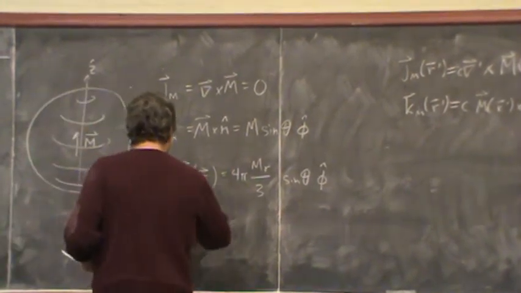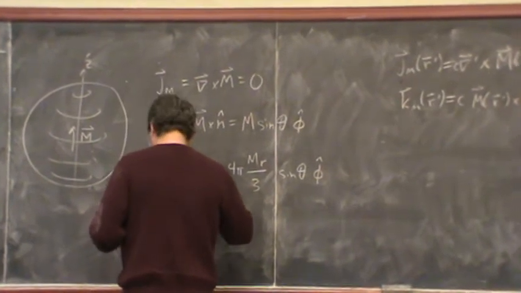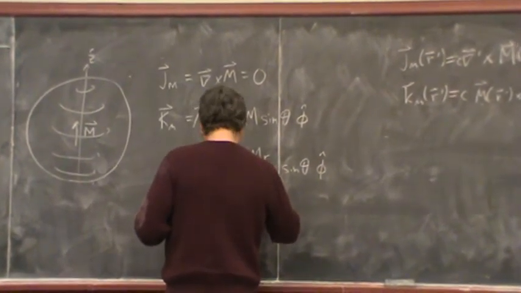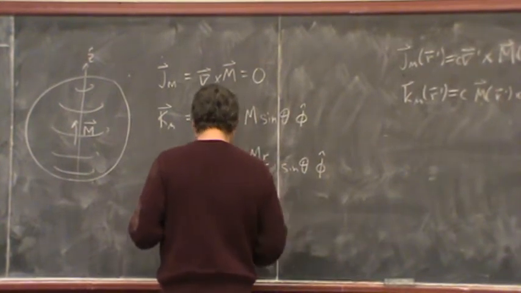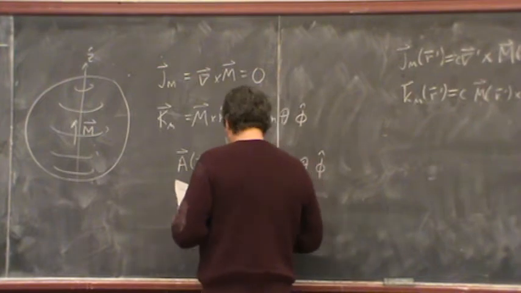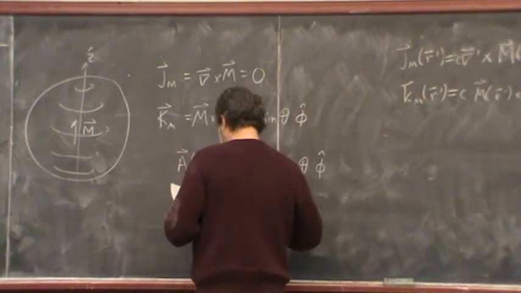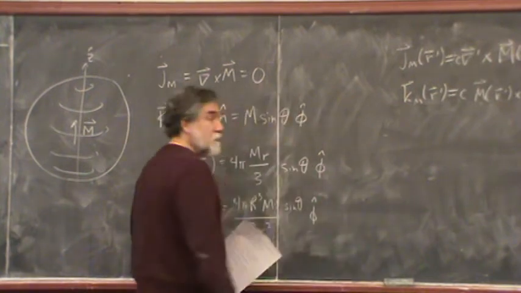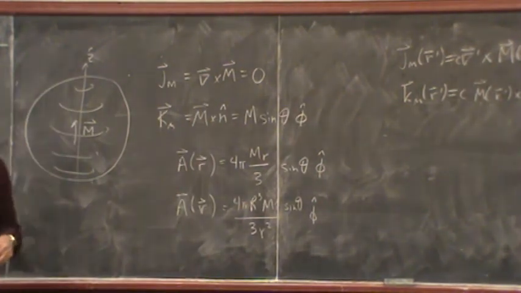And outside, it's 4 pi r cubed, the volume of the whole thing, times the magnetization per unit volume, sine theta over 3 r squared, right?